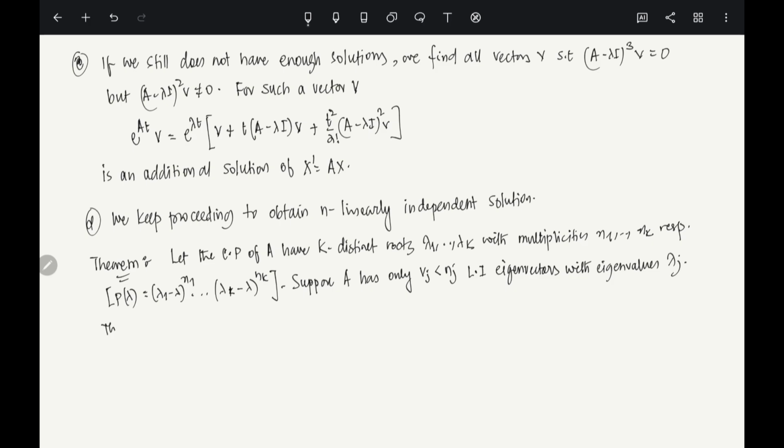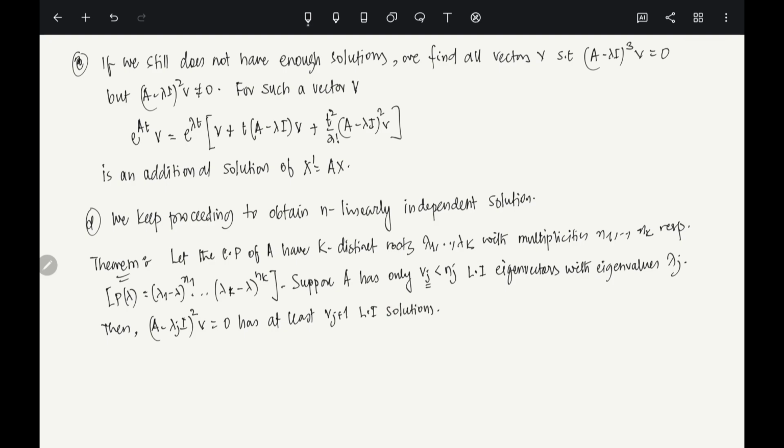Then what we can say is that the equation (A minus lambda j I) squared v equals 0 has at least how many solutions? If the first has vj, then it is vj plus 1 linearly independent solutions.